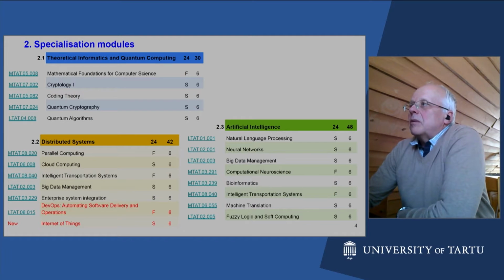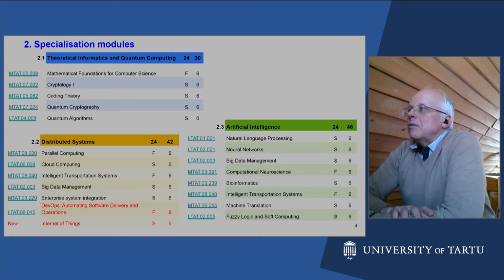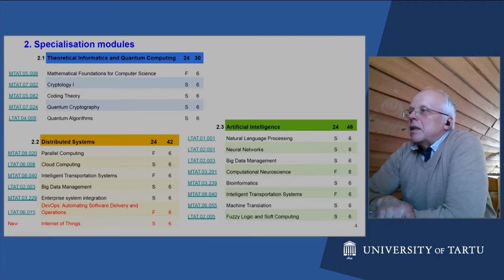Now, about the specialization modules, all of them are 24 credits, and you have to choose one of those finally towards the end of the first semester. Although during the intake, you already have to write about your choice in the motivation letter, you still can make the final choice while studying here.